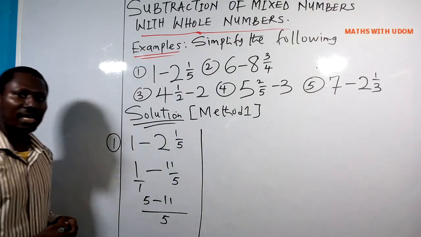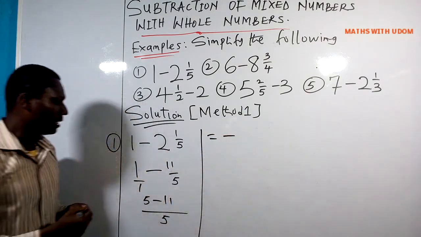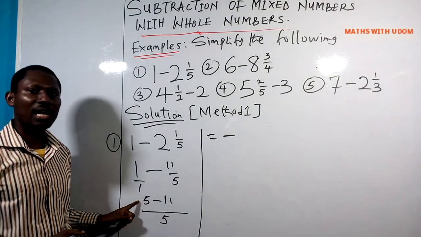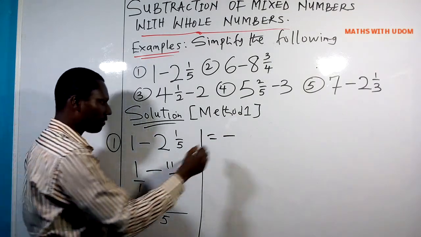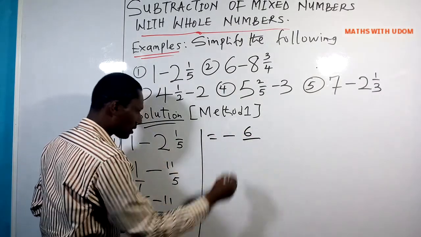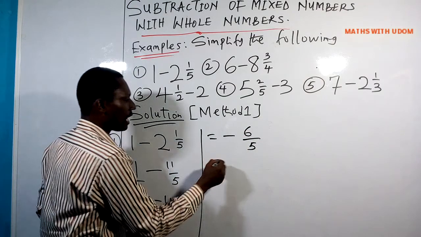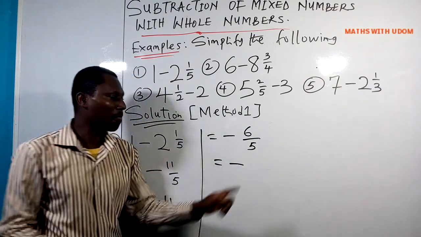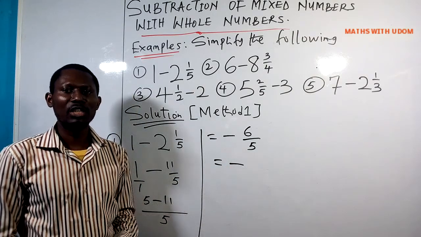Then we'll come to this side and we'll say 5 take away 11. Impossible. So we say bigger number minus smaller number. That is 11 take away 5, which will give us 6 divided by 5. And at the end of the day, we change this improper fraction into a mixed fraction.